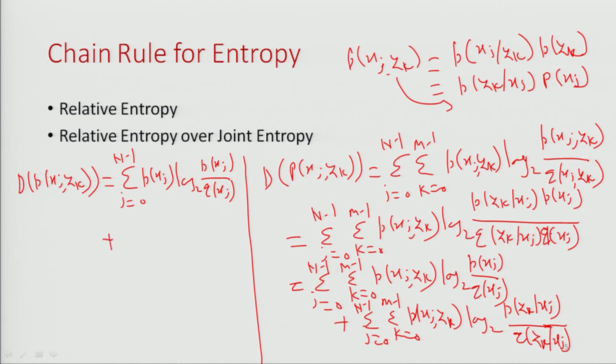Remaining second part, if we express p(x_j, y_k) equals p(y by x) into p(x), into log of base 2 p(y_k upon x_j) upon q(y_k upon x_j).